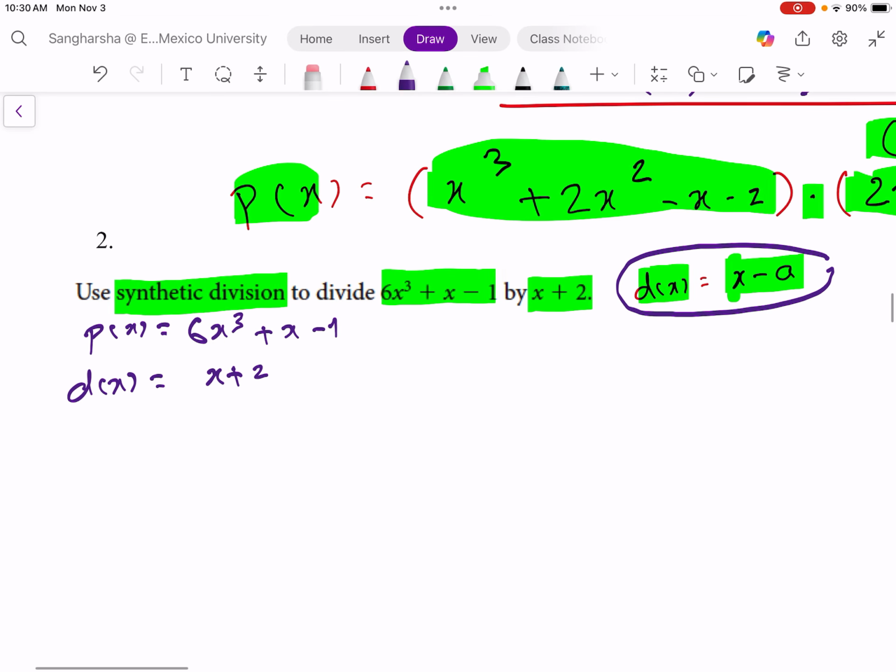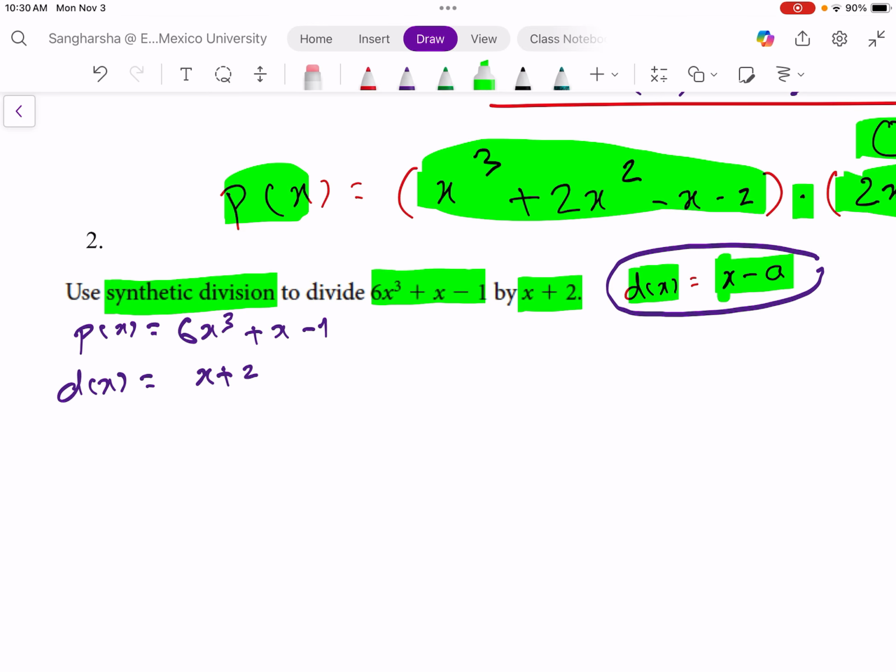Now at first we compare this divisor with this x minus a and find the value of a. So if we compare x plus 2 with x minus a, what is our a equal to? Do you all agree it's minus 2?